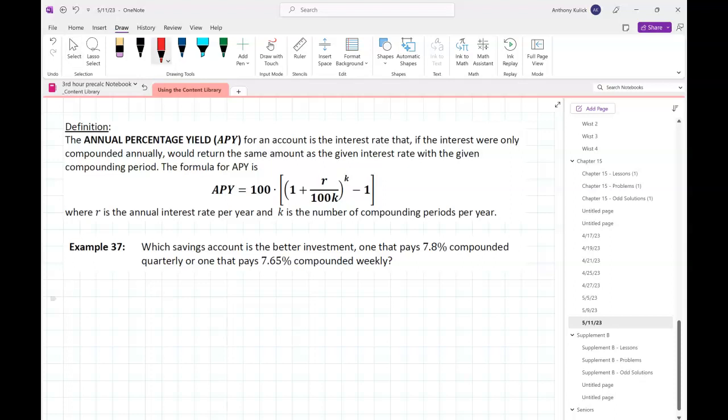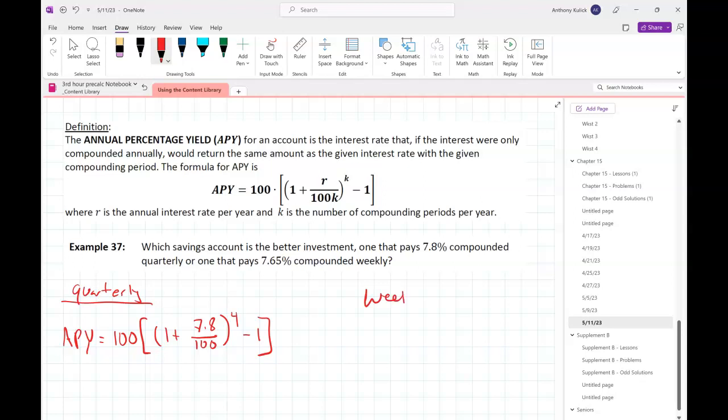The idea is we're just going to convert both of these into APRs or APYs, and we'll just compare the two numbers.